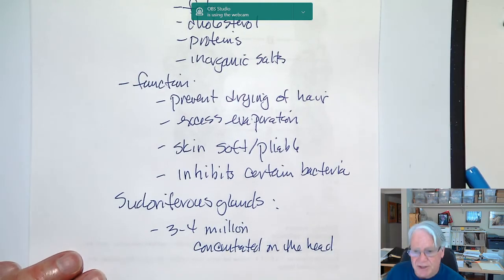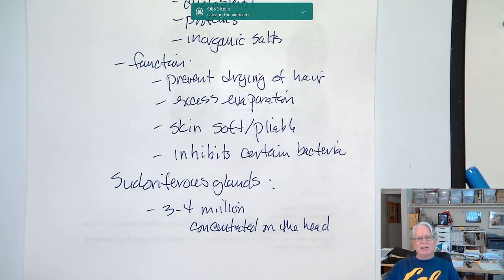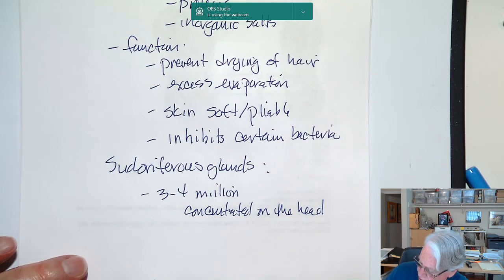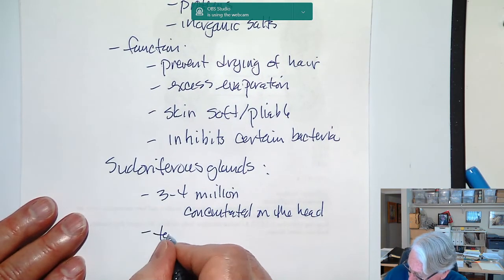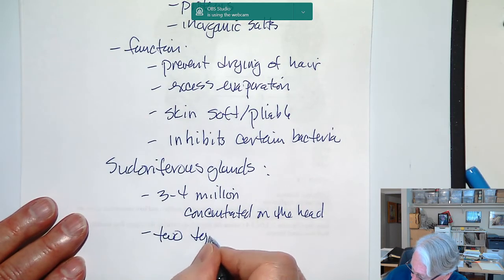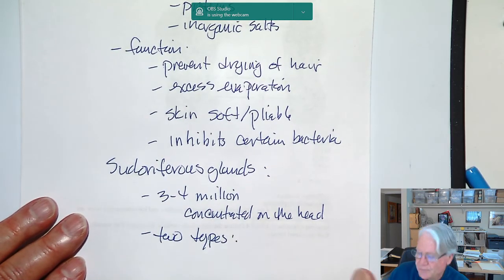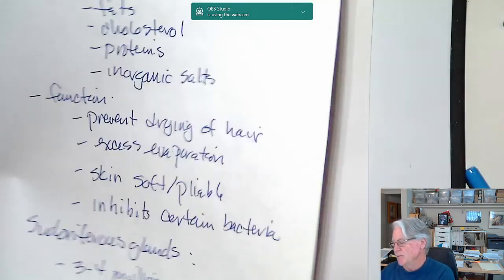It's not that they don't exist in high concentrations in other areas, but the head has a particularly dense number of sweat glands. That is because of this huge computer that we have inside our skull. It has to be kept warm, kept cool, I should say. There are 2 types of sweat glands.